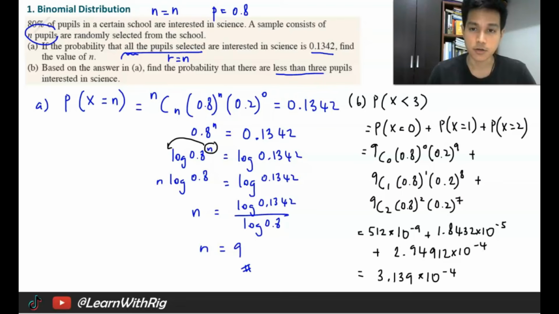The reason is because there were two numbers that were very small, but the third one was very big, so there is no use writing the first two because they are negligible. But in this case, all of the values are very small. You see here, power negative 9, this is negative 5, so it's negative 4. So all the values are very small. Because of that, I just put all in standard form, add them together, and write my answer in terms of standard form. Clear? I hope you all understand this.